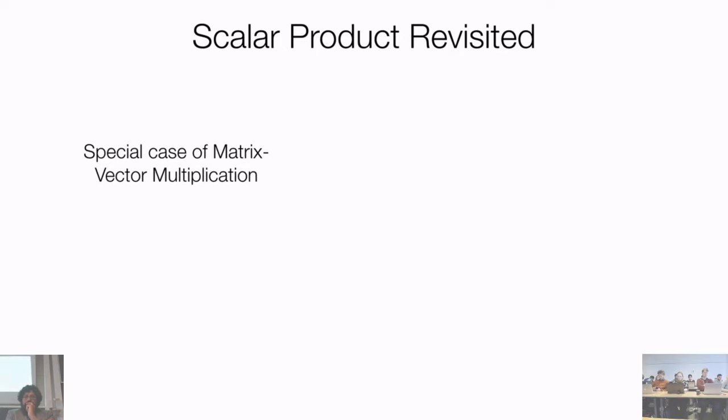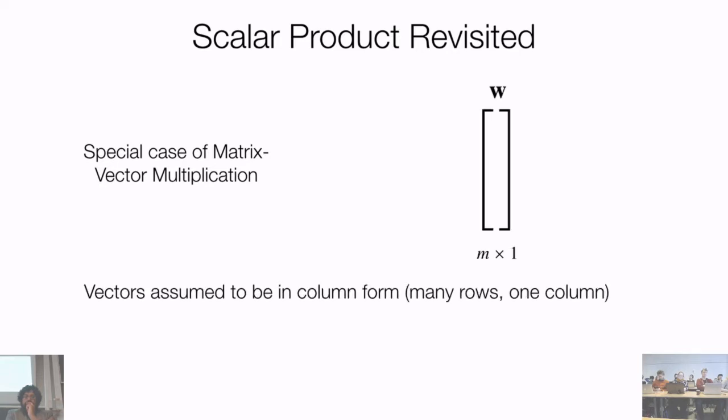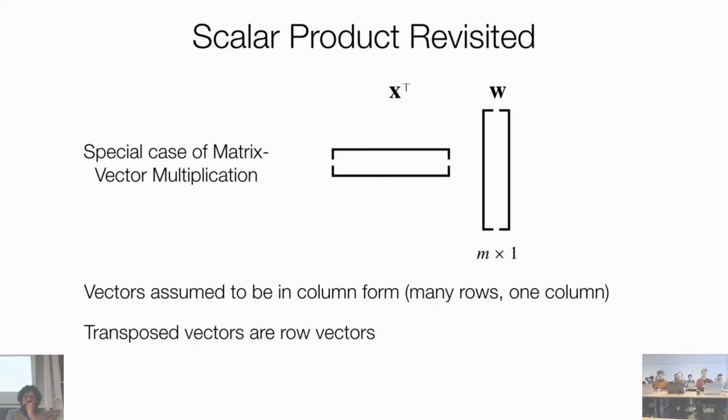Now that we've defined matrix vector products, we can reinterpret the scalar product as a special case of matrix vector multiplication. In particular, recall that we assume that vectors are always in column form, so that an m-dimensional vector can be represented as having many rows in one column, or that it's an m by 1 vector.